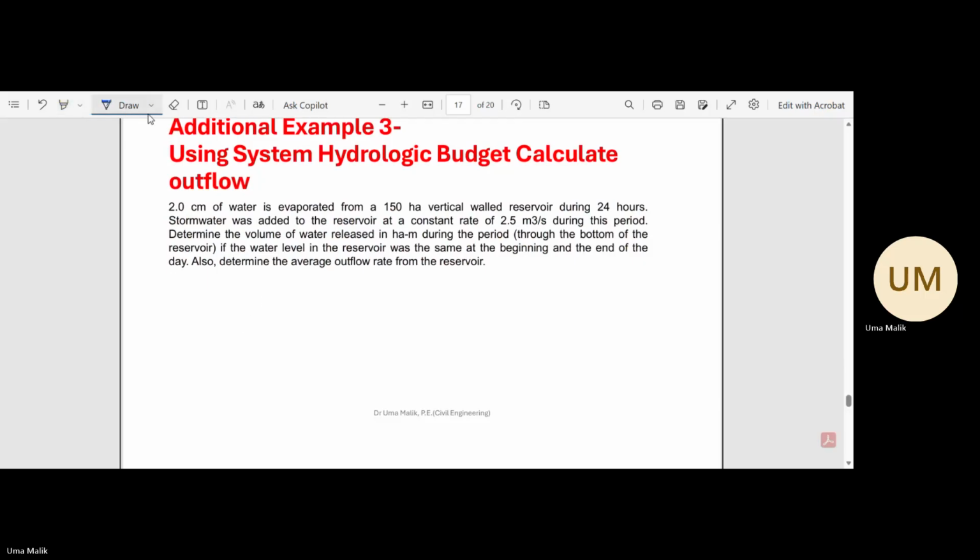So we have been given evaporation of 2 centimeter from a 150 hectare vertical walled reservoir. So this is my reservoir. What is the time period given? 24 hours.